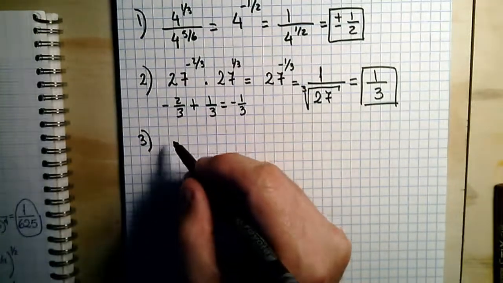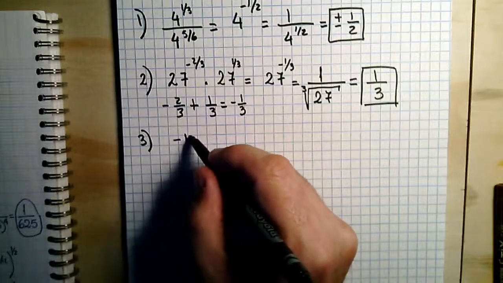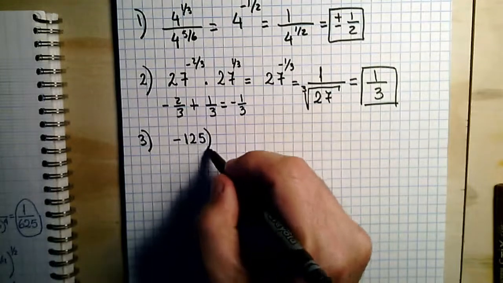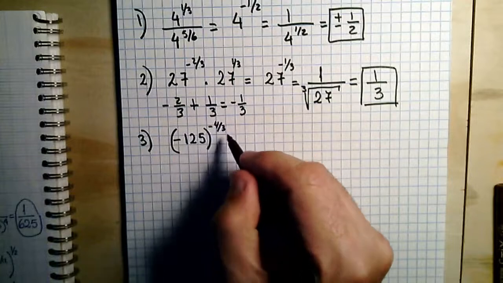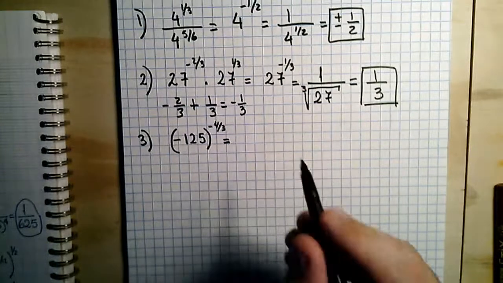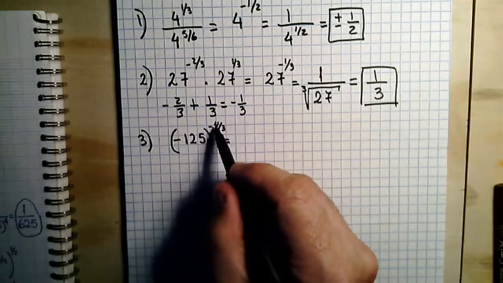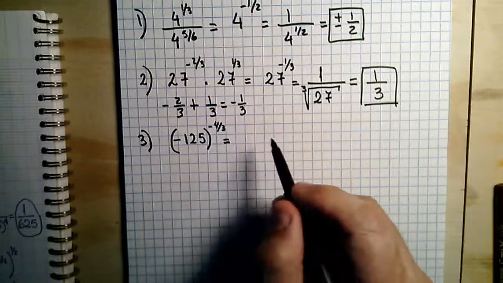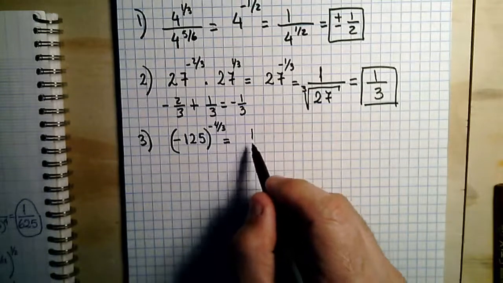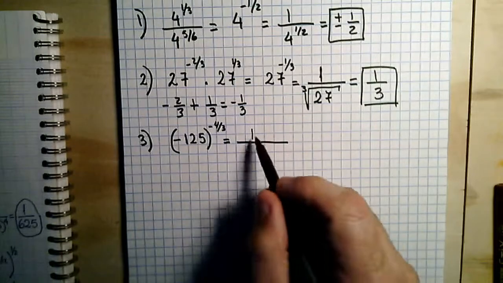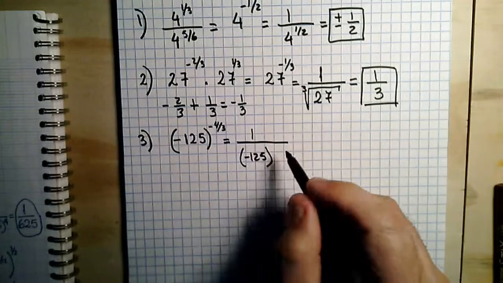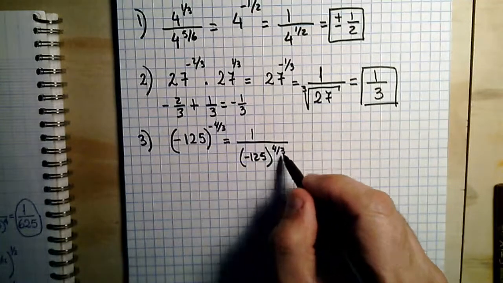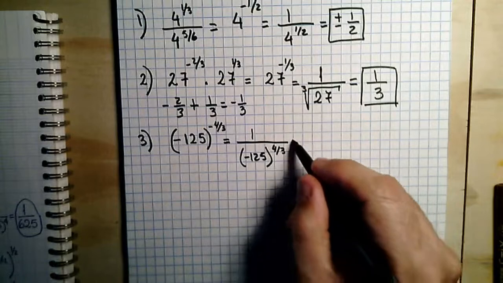Number 3. In number 3 we have negative 125 to the power of negative 4 divided by 3. First I need to solve the negative exponent, doing the reciprocal: negative 125 to the power of 4/3. Remember, this is going to be positive.